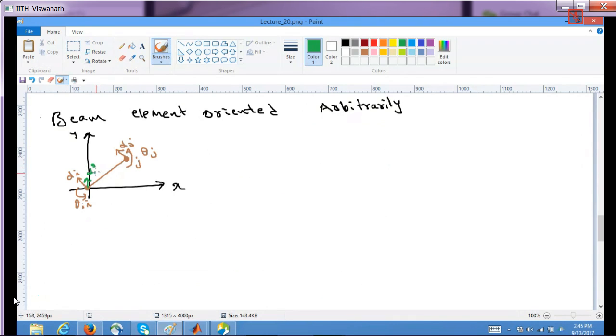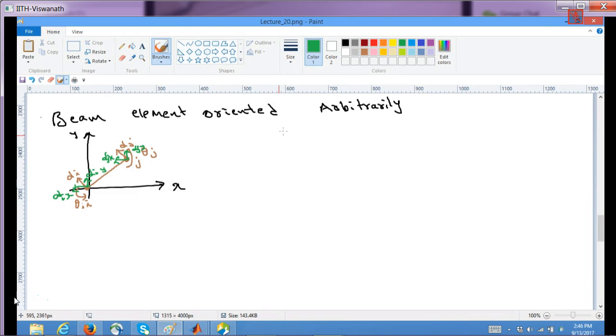This displacement can have components along x and y: dix and diy. Similarly, this would have djx and djy along x and y directions. The rotation would remain the same as theta because that would not be any problem.